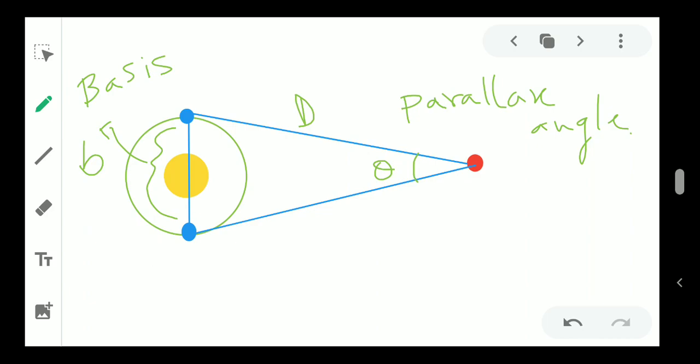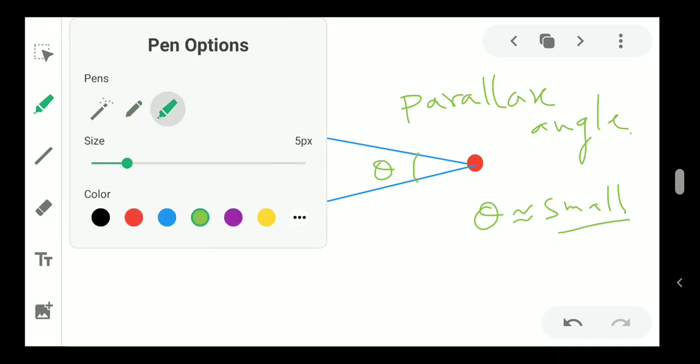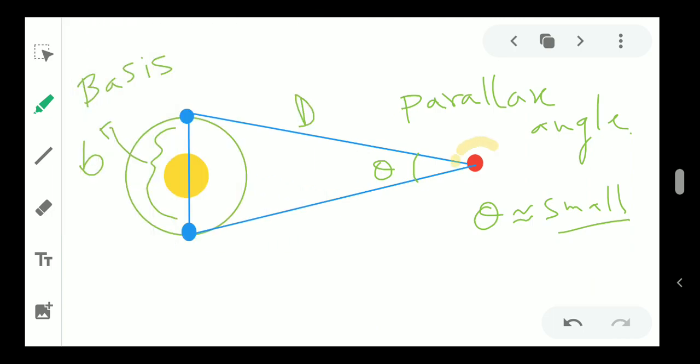Now we know that if this theta is very small, when will it be small? For larger distance. The farther and farther this star goes, the narrower these lines will be, right?